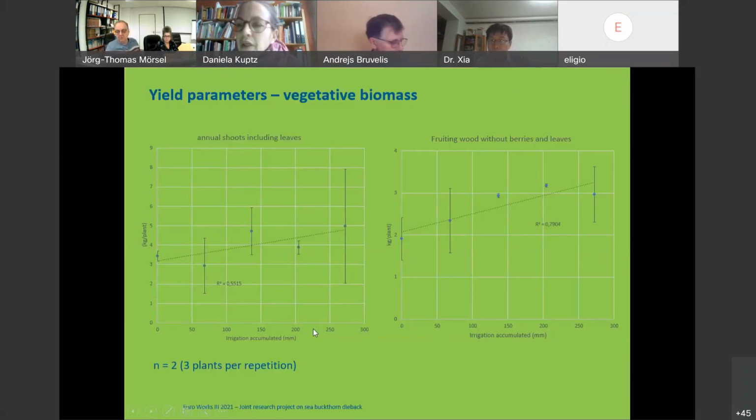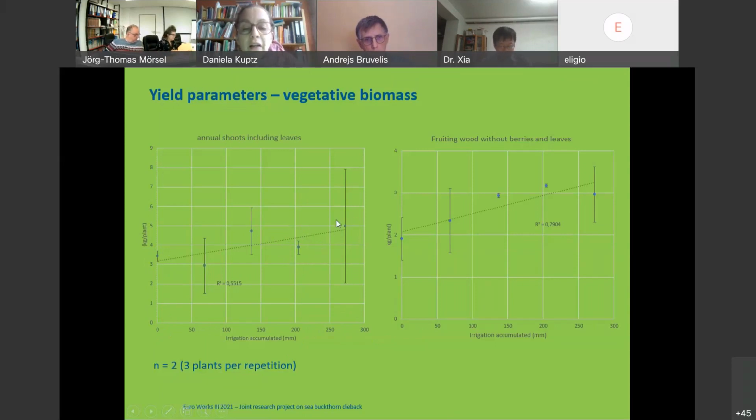Now I'm coming to the yield parameters, and first of all I show you the data of the vegetative biomass. In the first diagram you can see the annual shoots and the leaves. On the horizontal axis you see the watering amount. Remember, T1 was without any water and T2 a little bit, and number 4 was our scheduled treatment.